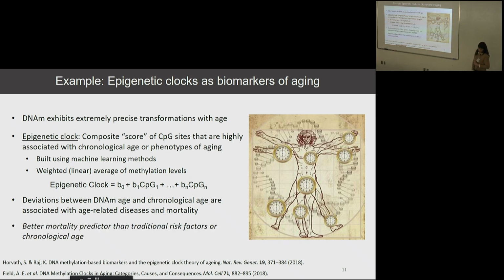In fact, it turns out to be a better mortality predictor than traditional risk factors or chronological age. This is what's been exciting: it seems to perform much better as a predictor of mortality than any other standard phenotype of aging that we have in, for example, the Health and Retirement Study.